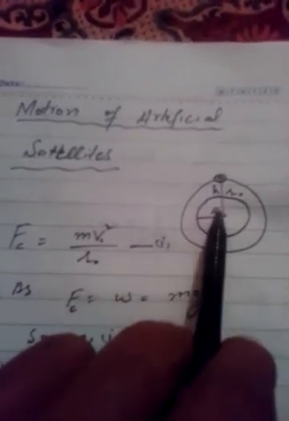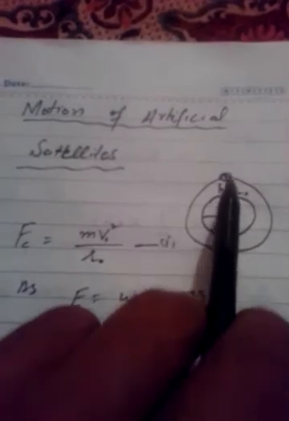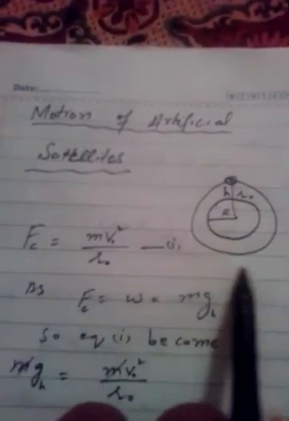So the force is provided by the earth to the satellites that are moving around the earth. The force that moves the satellite around the earth is known as the centripetal force. Centripetal force is represented by Fc equal to mv square over r0.